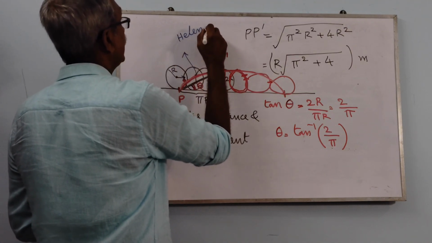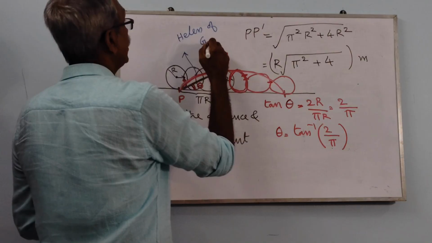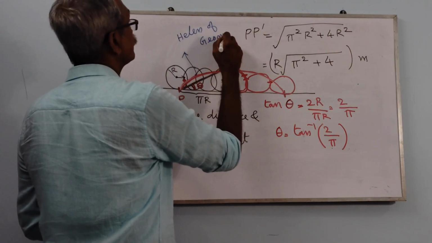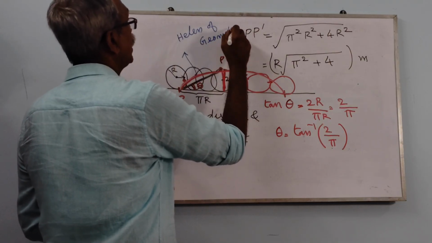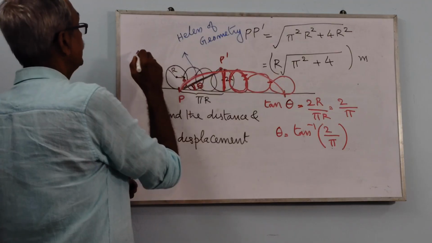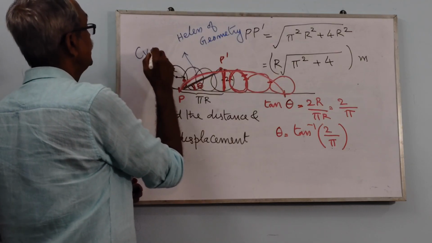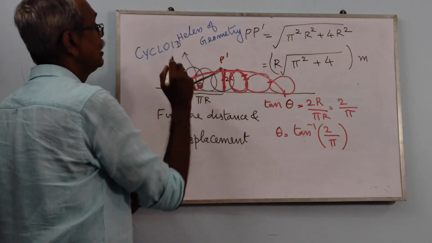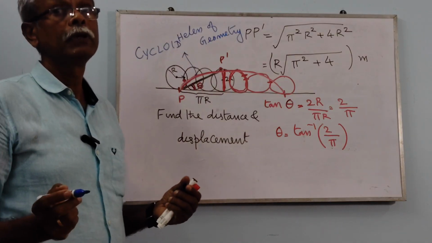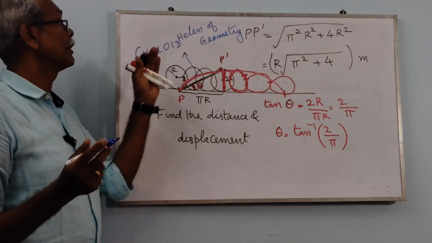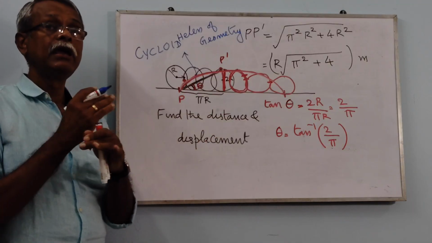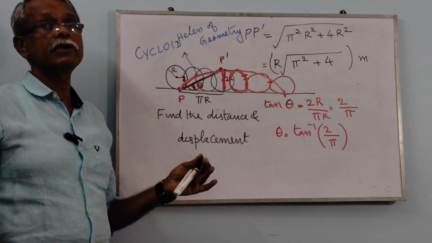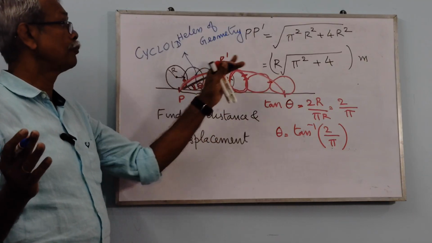Helen is the symbol of beauty. Helen of geometry. The name of that is a cycloid. It was first studied by Galileo himself, and later several other people have studied it in detail, and we have a very rich literature of the geometry of this particular figure.